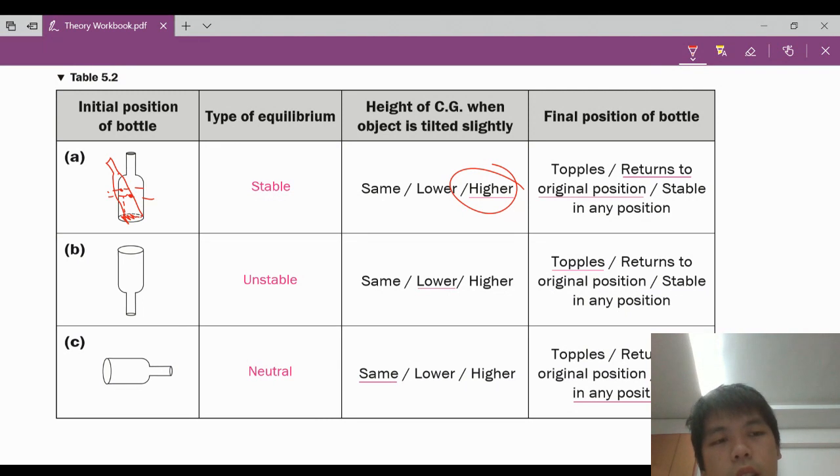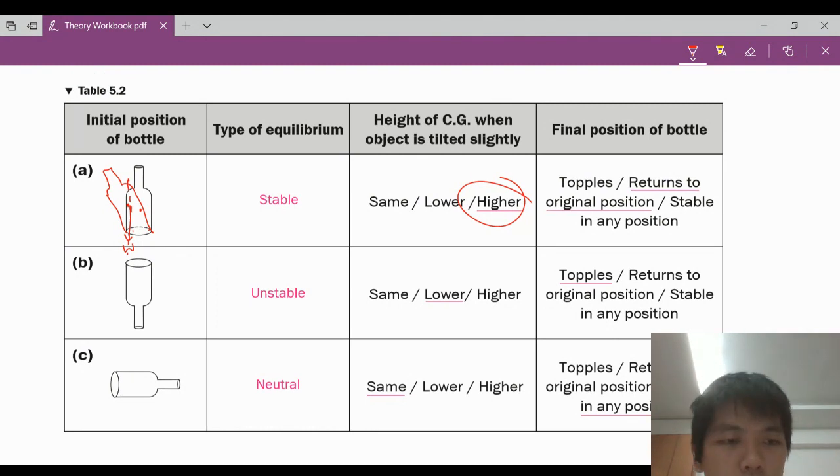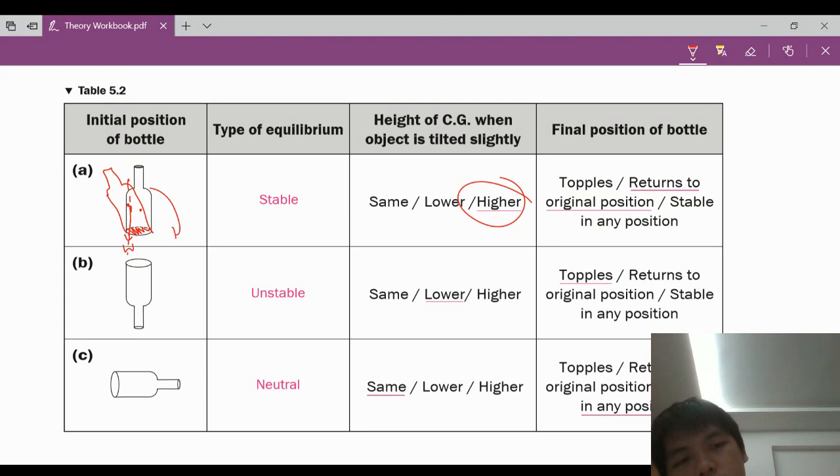Okay, let me draw again so that I can explain to you better. Imagine the bottle is tilted here. Original center of gravity, now the center of gravity is here. There is the weight, and your line of action is the dotted line. The line of action is still within the base. Where's the base? The base is here. If it's still within the base, it will give it a turn, a moment this way.